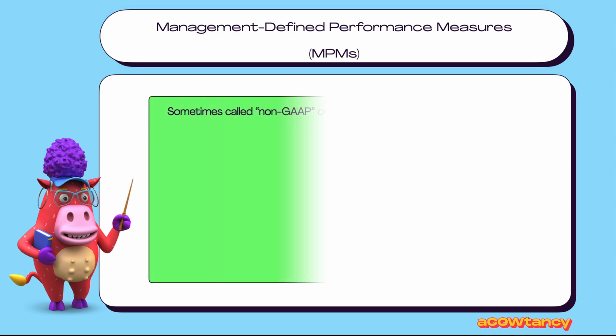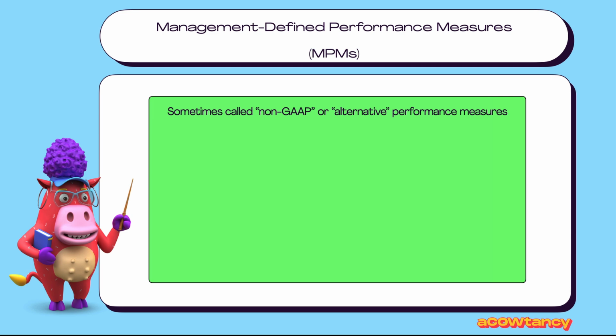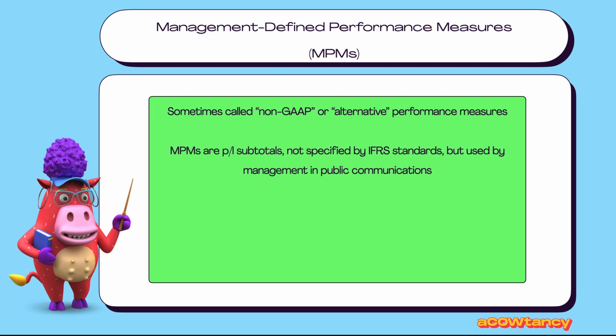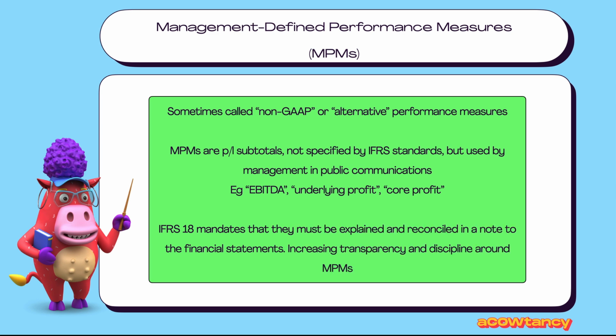MDPMs, Management Defined Performance Measures, used to be called alternative performance measures, and before that non-GAAP or non-IFRS. They're basically things you'd hear directors talking about in communications, like their underlying profits, and you'd think, whoa, what? That's not on my income statement. So any management defined performance measures that are not specified by IFRSs but are used in public communication, like core profit, underlying profit, or EBITDA, earnings before interest, tax, depreciation and amortization, must be explained and reconciled to their nearest IFRS equivalent.